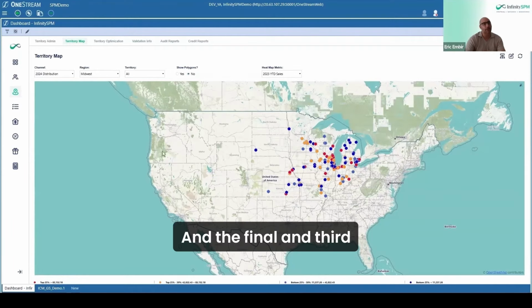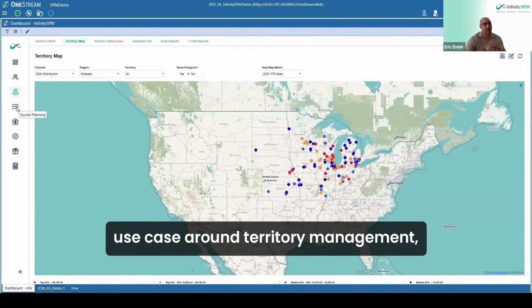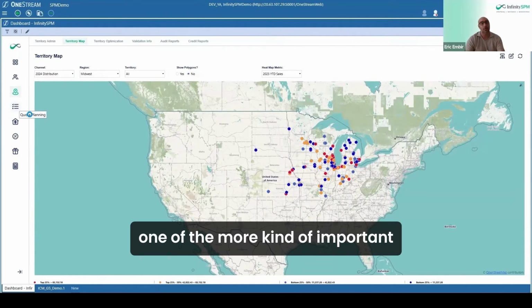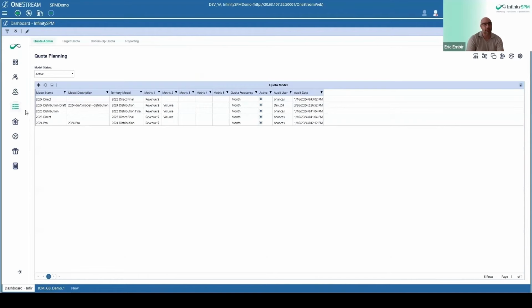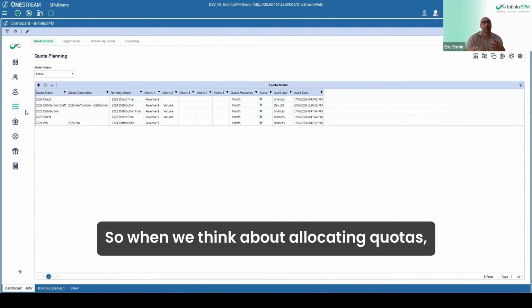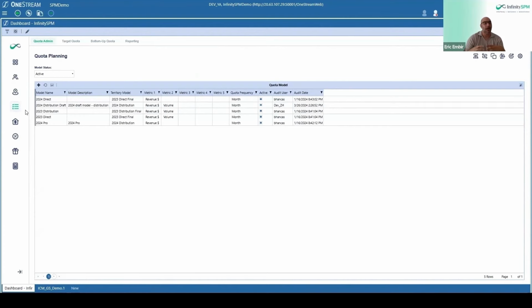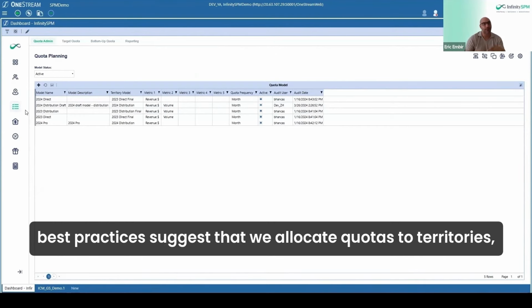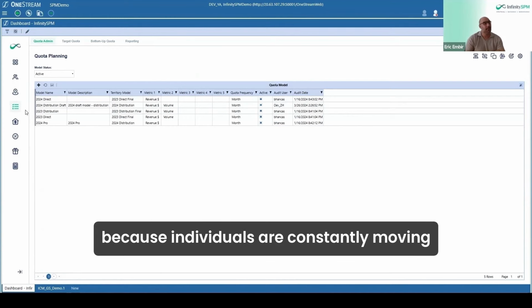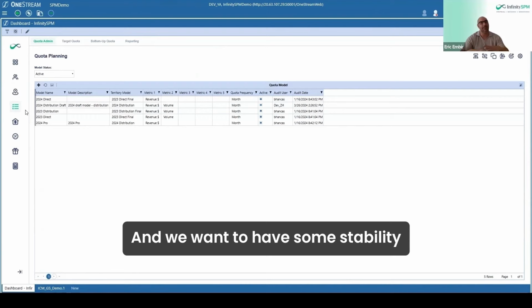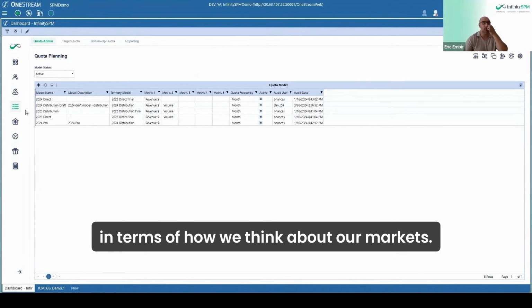And the final and third use case around territory management, which arguably might be one of the more important aspects, is around quota deployment. So when we think about allocating quotas, best practices suggest that we allocate quotas to territories, not necessarily to individuals, because individuals are constantly moving in and out of territories, and we want to have some stability in terms of how we think about our markets.